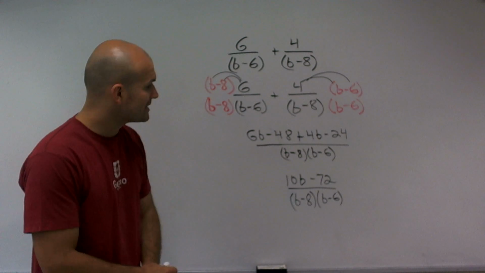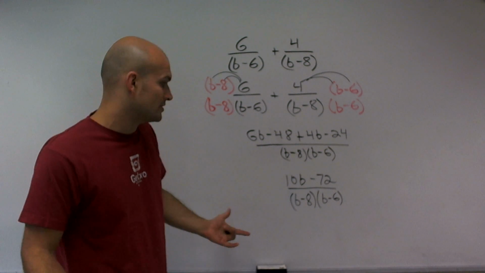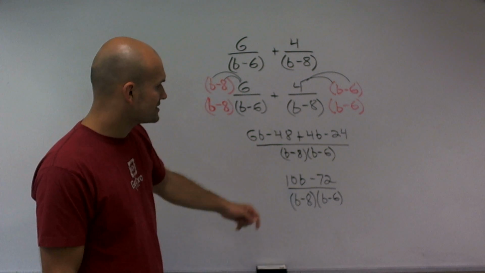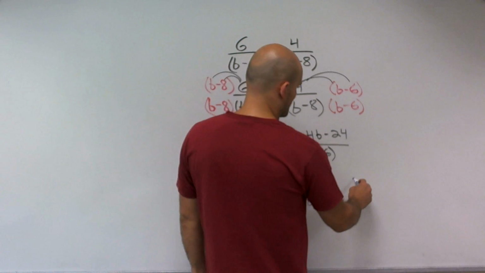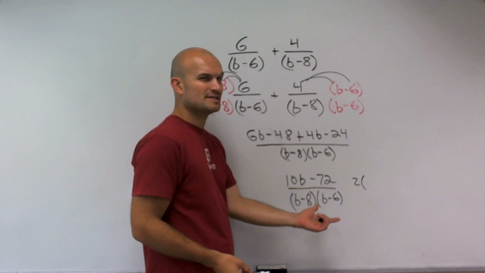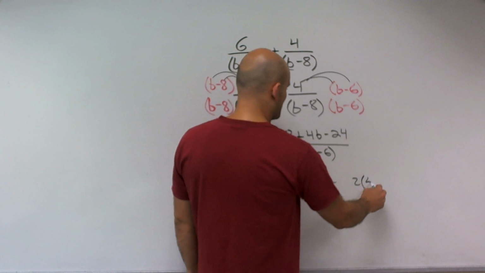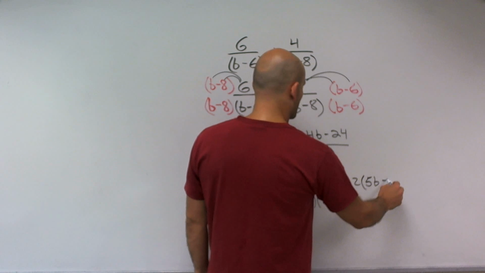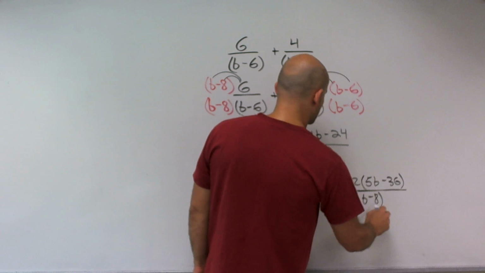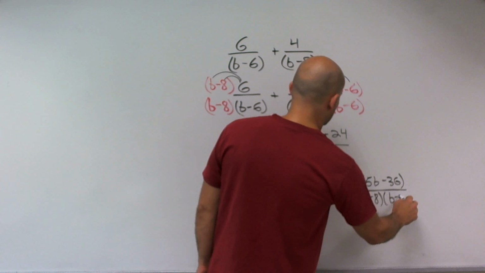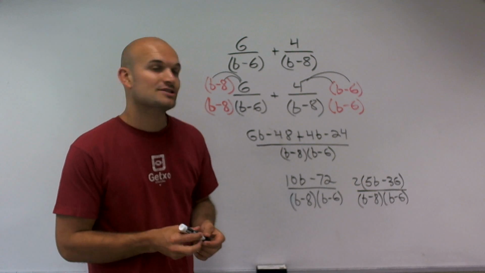Then we want to check whether we can simplify or factor out common terms. You can definitely factor out a 2. I'm going to check that these don't cancel out. Another way you can write your answer is to factor out a 2, leaving 5b minus 36 all over b minus 8 times b minus 6, which don't cancel out, but it's just another way to write your answer.